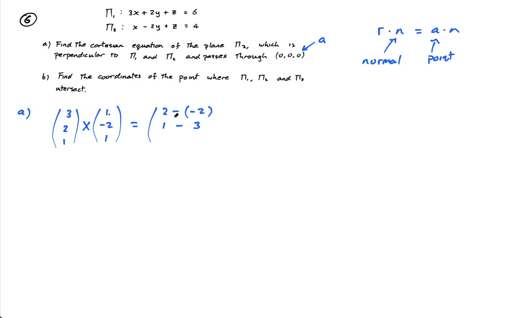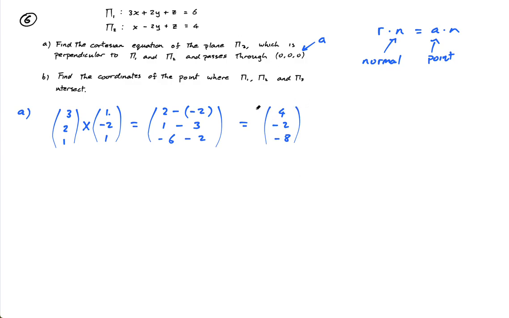And finally, 3 times minus 2, this times this minus this times this, which is minus 2. This equals 2 plus 2 is 4, 1 minus 3 is minus 2, minus 6 minus 2 is minus 8. And that is a normal to our plane 3.